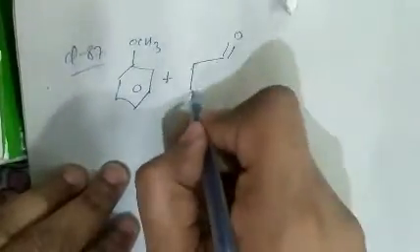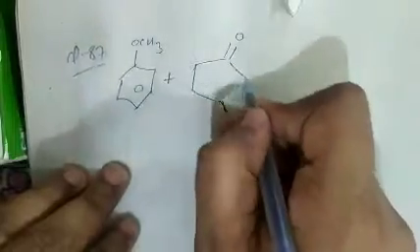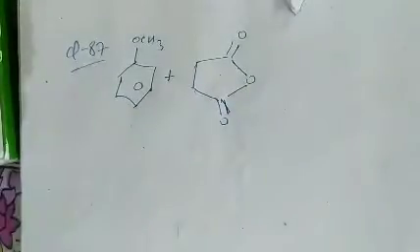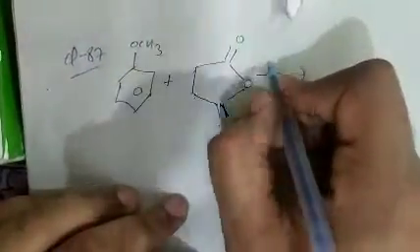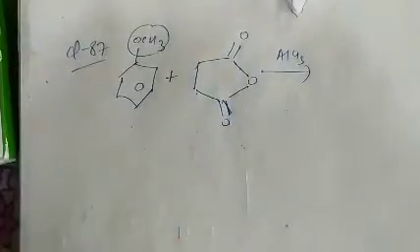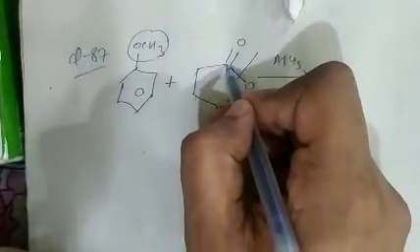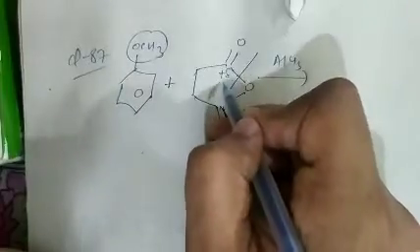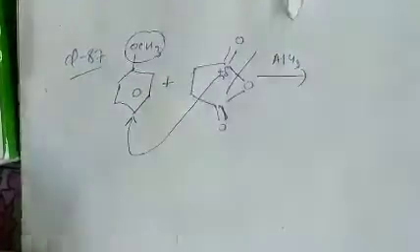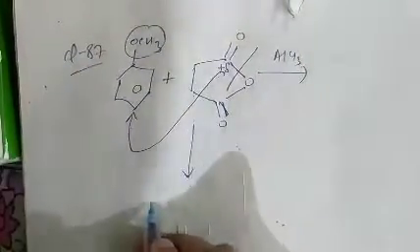This is C double bond O, again C double bond O, and there is an oxygen atom. When it reacts with AlCl3, as we know, this is an ortho-para directing group, so the bond will break from this position and the carbonyl group is positively charged, so it will attack at the para position.